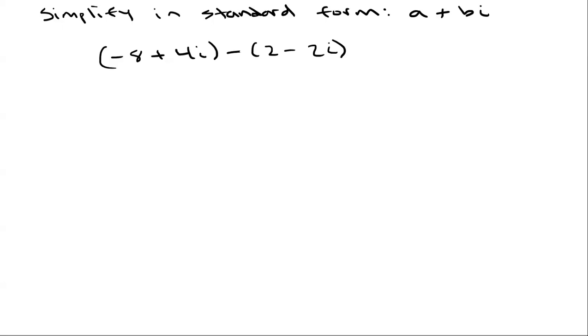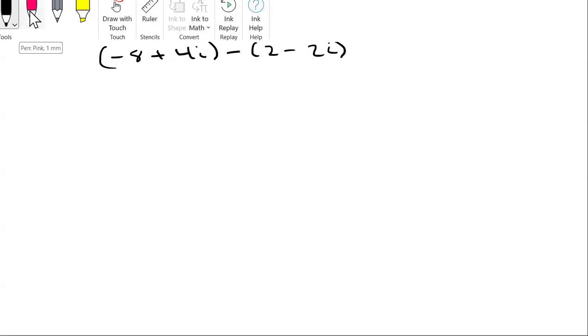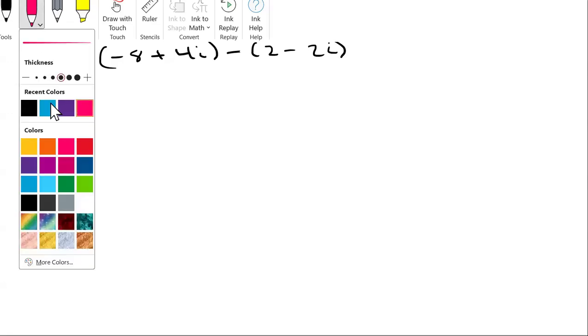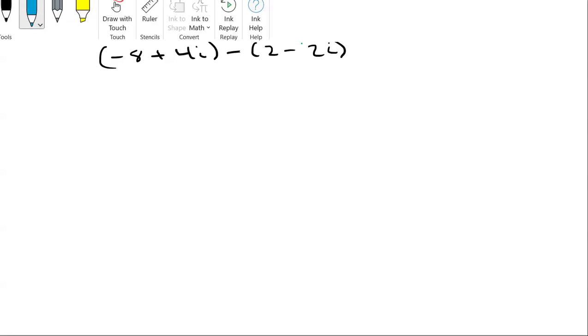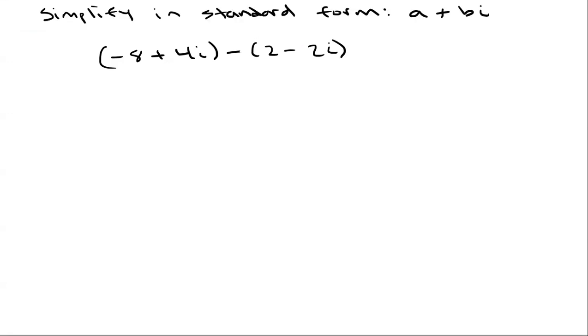Again, the goal here is we want to simplify this in standard form. The first thing when I look at this problem, we have parentheses, and that's the first thing you want to do: attack the parentheses.